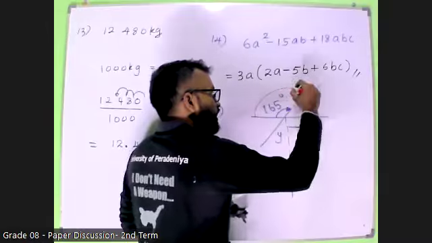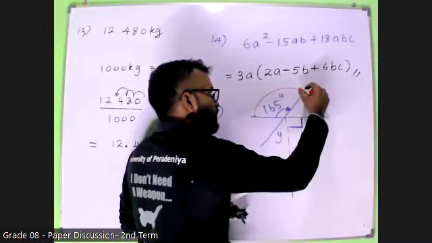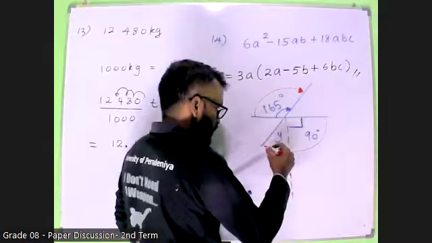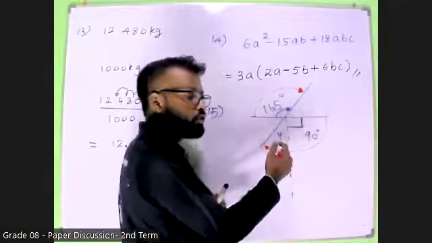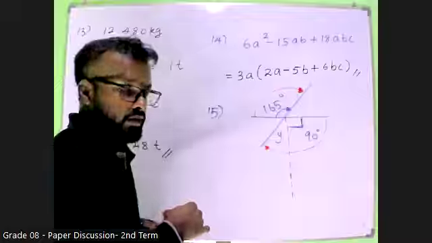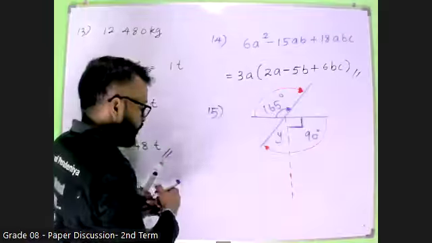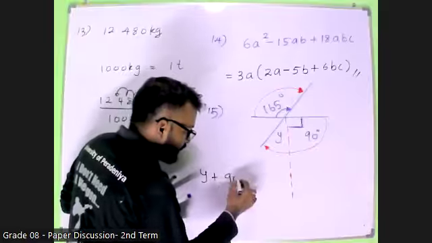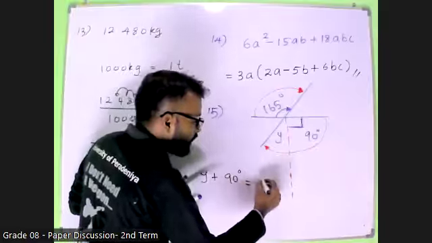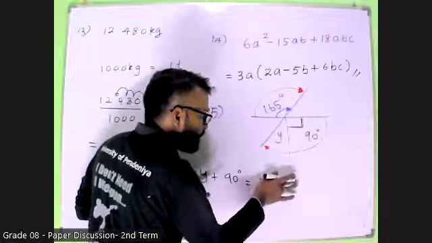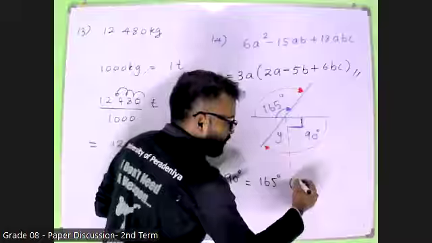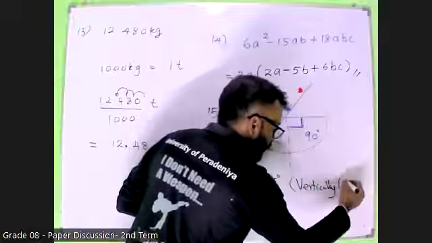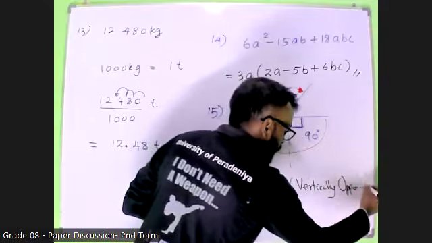Vertically opposite angle for this angle is this. So 165 degrees should be equal to y plus 90. Okay? So what is to be found? Y. So we can write y plus 90 degrees equals 165 degrees. Why is that? Vertically opposite angles.